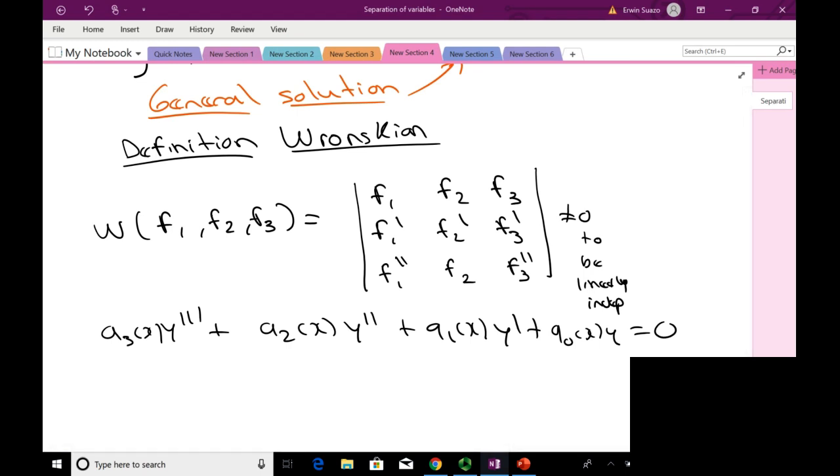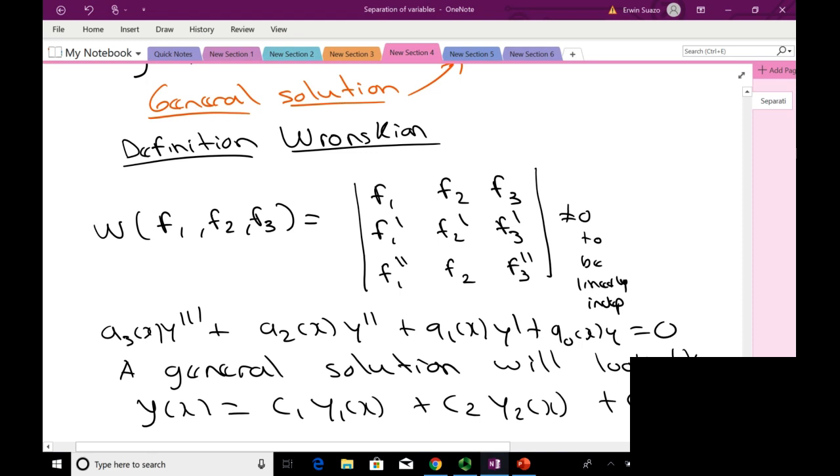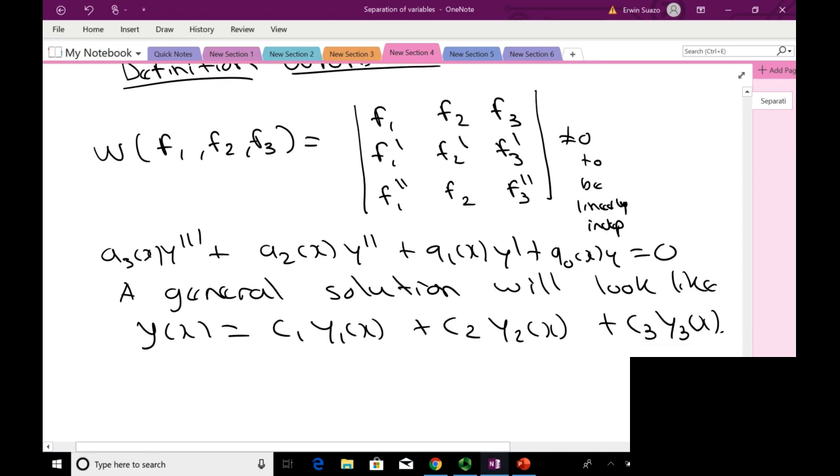A general solution will look like y(x) = c1 y1(x) + c2 y2(x) + c3 y3(x).